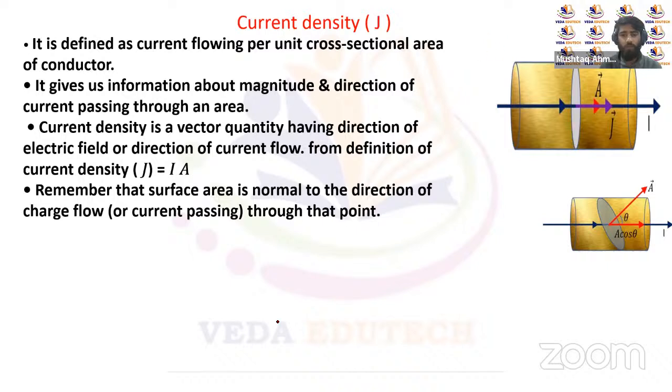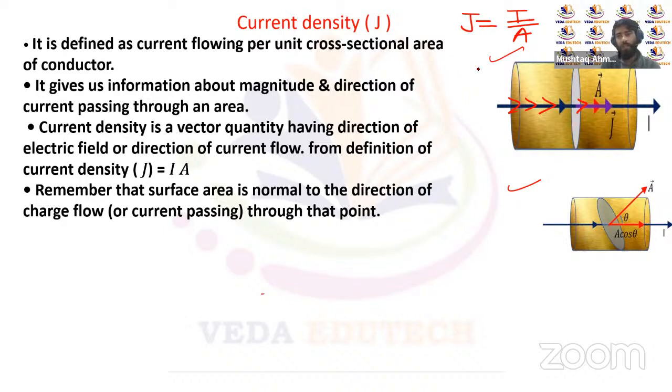This is conductor one and this is conductor two. This is the direction of the current, and this is the area of cross section. The current is flowing perpendicular to this cross sectional area. Current density is defined as the current flowing through this perpendicular cross sectional area. That's what we call current density.